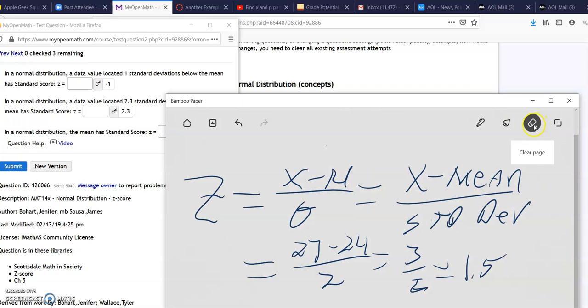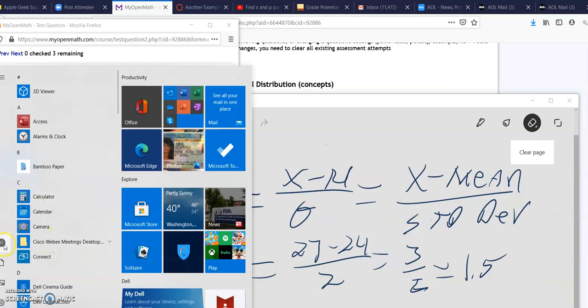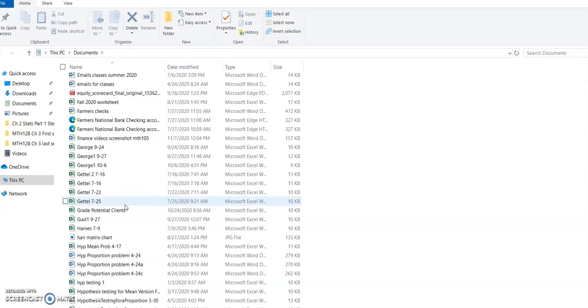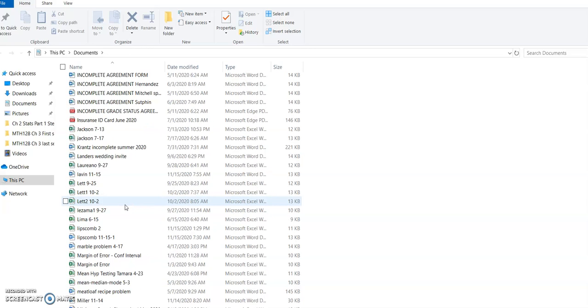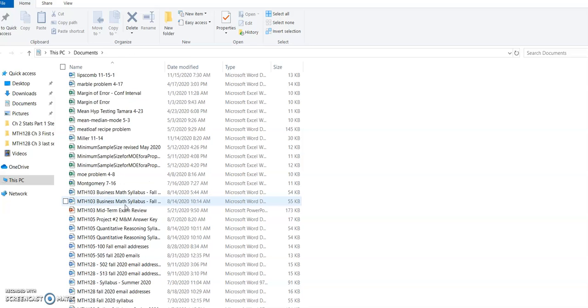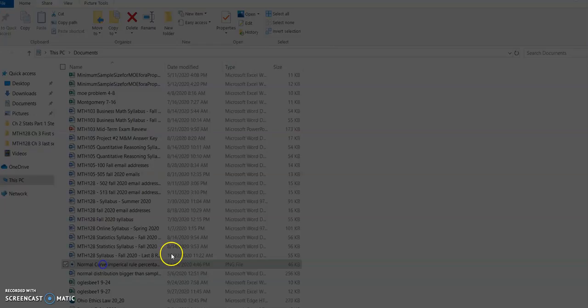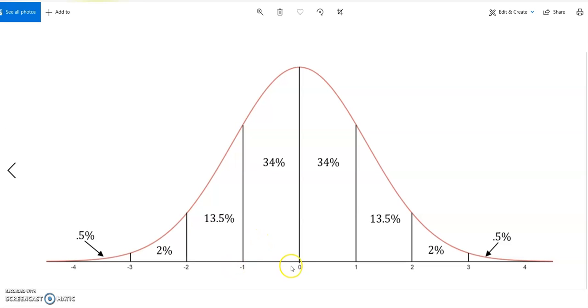So in other words, if I'm going to go back to our thing, here's the mean. The z is 0. Here's 1 standard deviation higher than the mean, 2 standard deviations higher, 3 standard deviations.